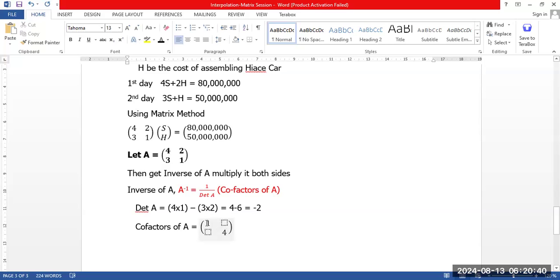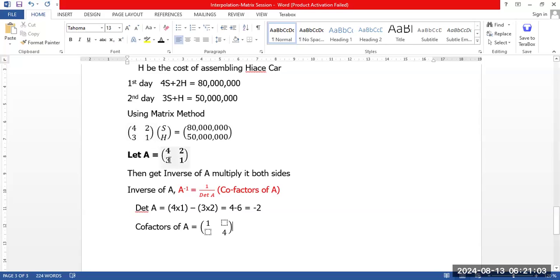Then on the minor diagonal, you change the sign. We don't interchange the minor diagonal, we only change the signs.